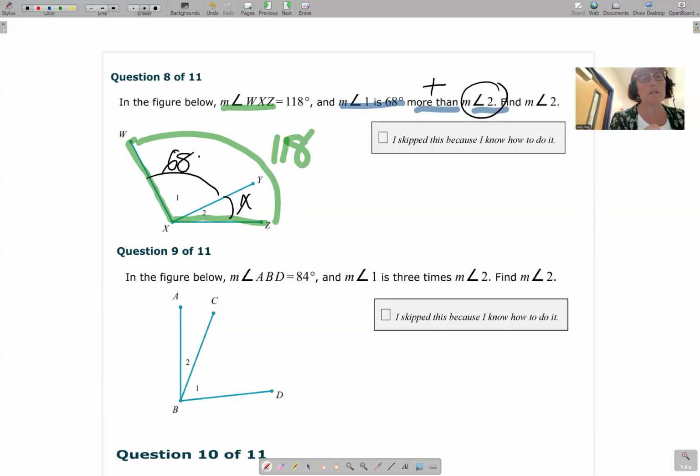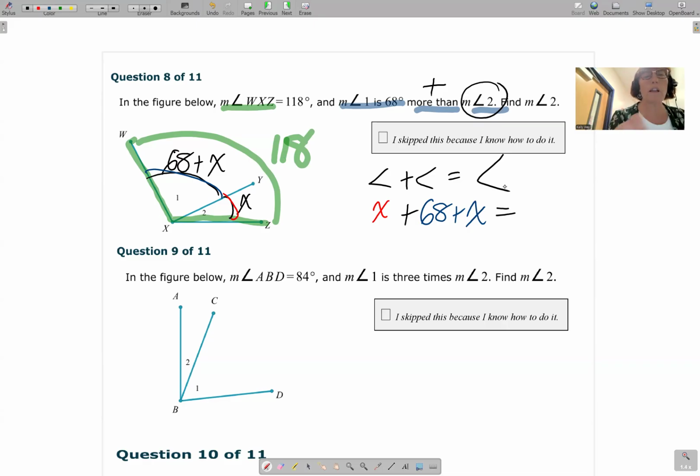68 plus x. So your equation is little angle plus little angle equals big angle. We have one little angle x plus the other angle 68 plus x equals the larger angle, which is 118. And you would take it from there.